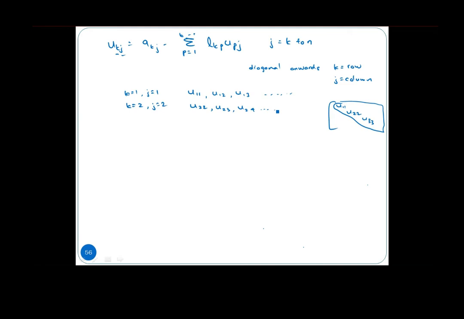You do not take any U21 in this case. Same with K equals 3, J equals 3: you are taking U33 onwards.